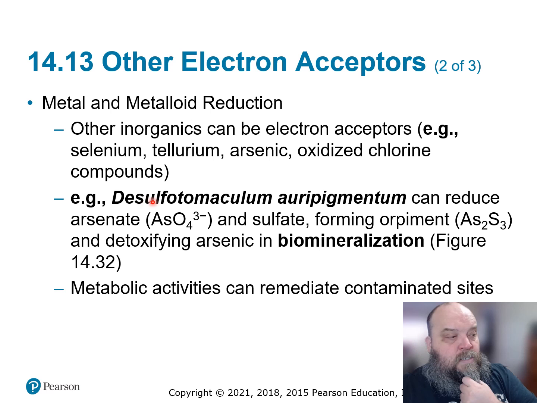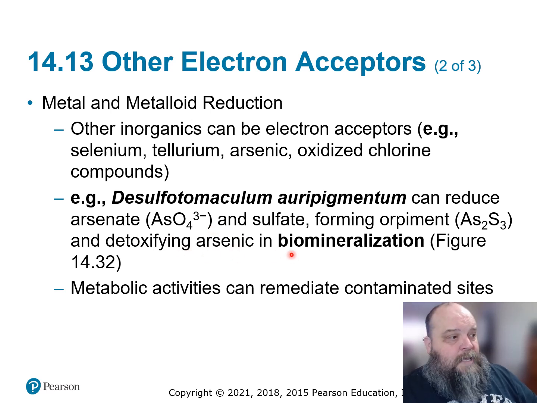microbes such as Desulfotomaculum, and I'm not even going to try to say the other one, Aureopigmentum, can reduce arsenate, AsO4, to orpiment, As2S3. So in the process of taking the arsenate and turning it into the orpiment, it detoxifies arsenic.